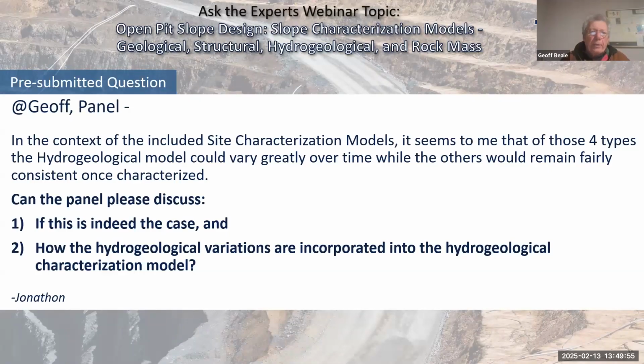And we see a lot of the instability develop in that zone, and the rock mass properties will change and usually weaken as we intercept the pit. So that's a dynamic part of the rock mass model as well.